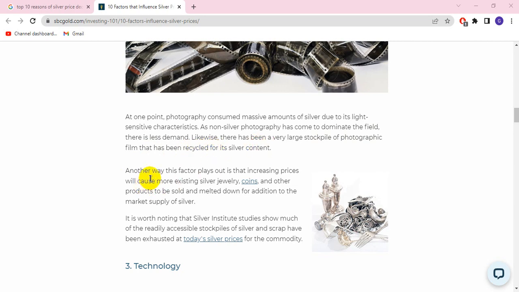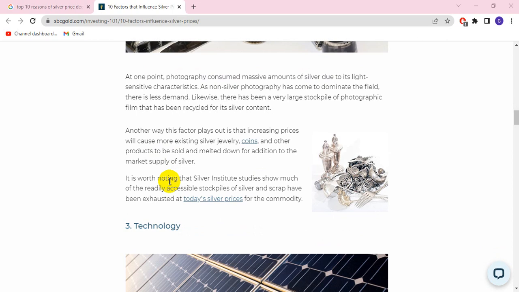Another way this factor plays out is that increasing prices will cause more existing silver jewelry, coins, and other products to be sold and melted down for addition to the market supply of silver. It's worth noting that Silver Institute studies show that much of the readily available stockpiles of silver scrap have been exhausted in today's silver prices for the commodity.